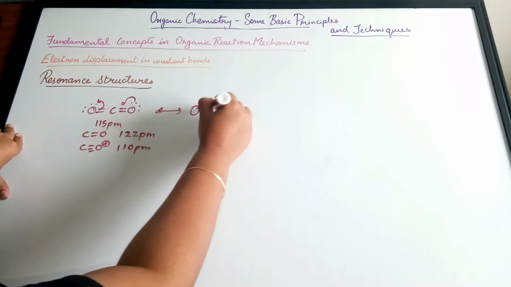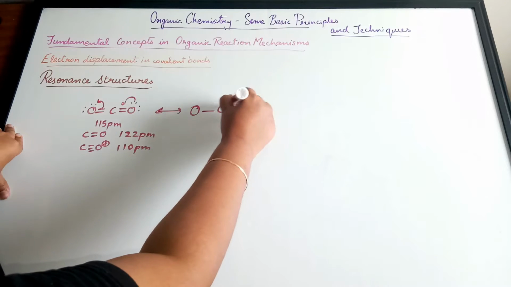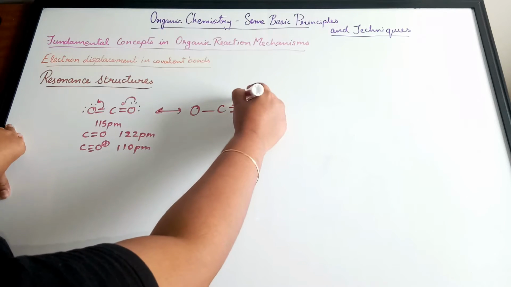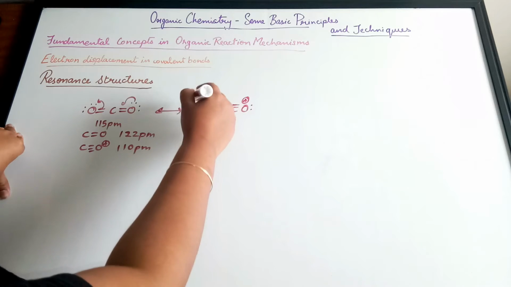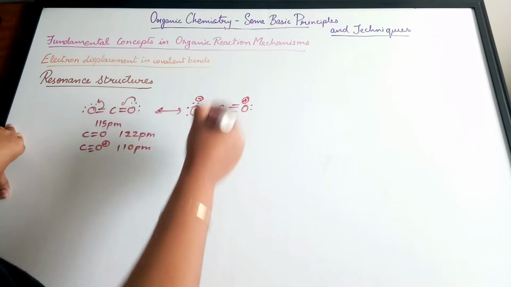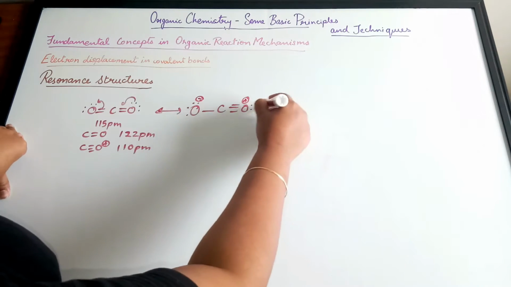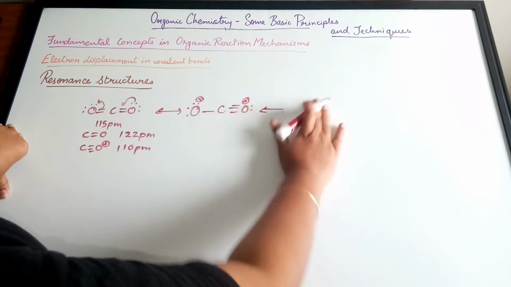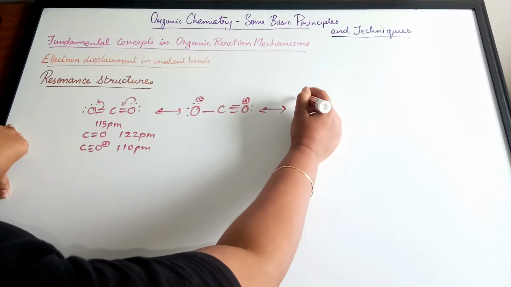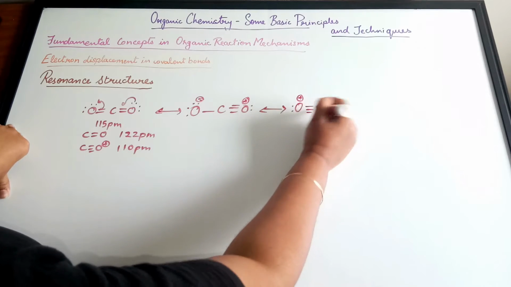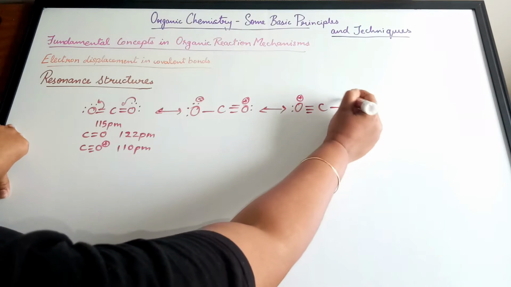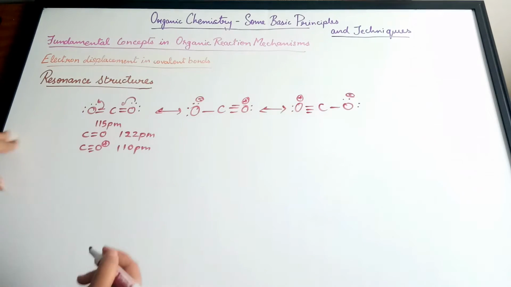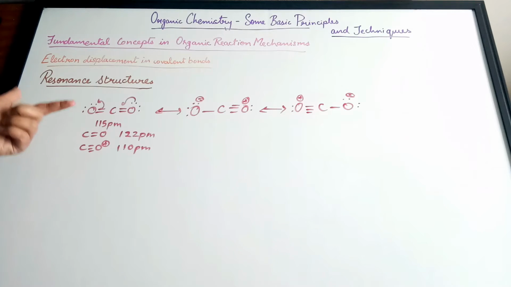That leads to the formation of carbon dioxide with a triple bond. Whereas another structure can also be formed with the positive charge on the left side. And this in turn was able to explain the fact that the bond length of carbon dioxide is 115 picometers.